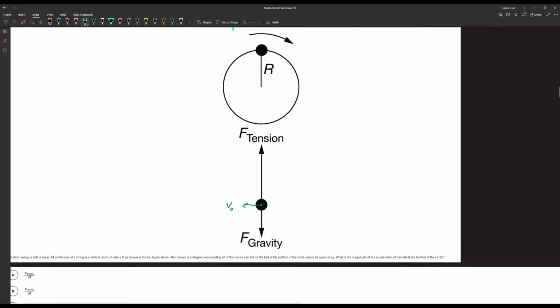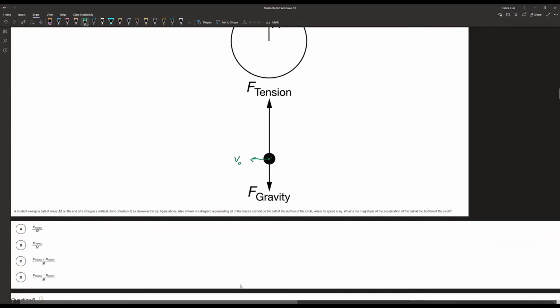So let's see here, please. We'll go ahead and do a new poll.